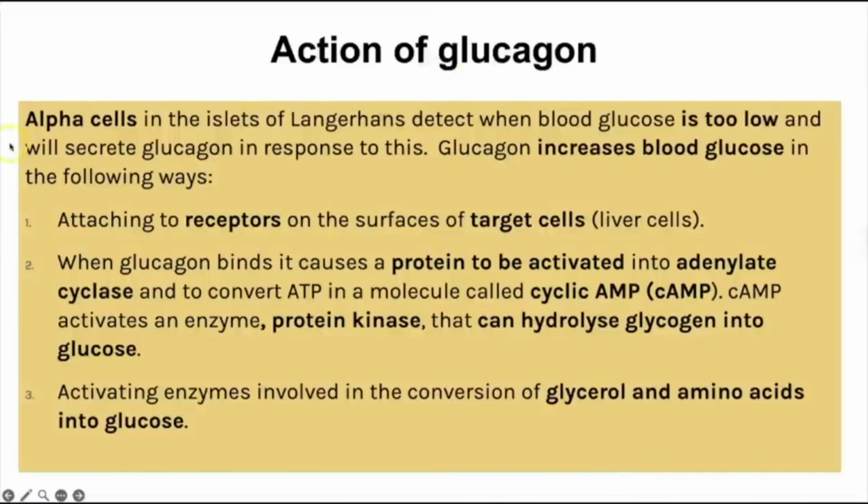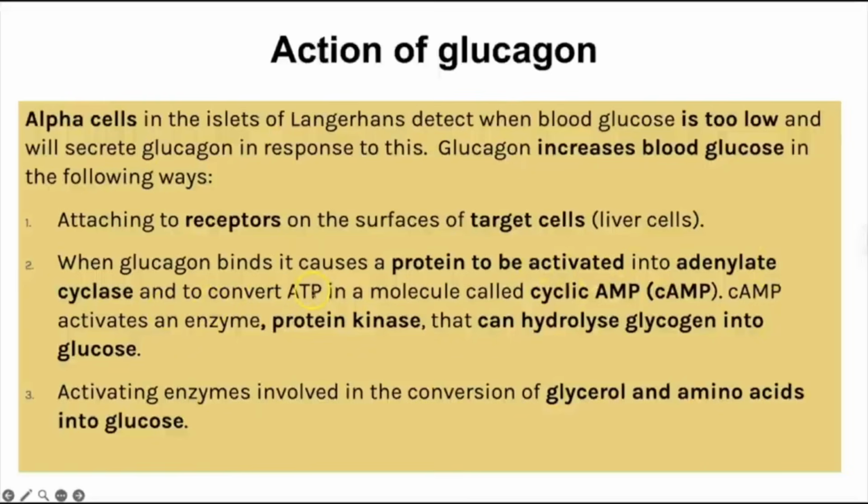The action of glucagon then: the alpha cells in the islets of Langerhans detect the blood glucose level is too low and secrete glucagon, which will travel around in the blood, and when it gets to the complementary shaped receptors on the cell surface membrane of liver cells, it activates a second messenger model, which is described here. So it causes a protein to be activated into adenylate cyclase.